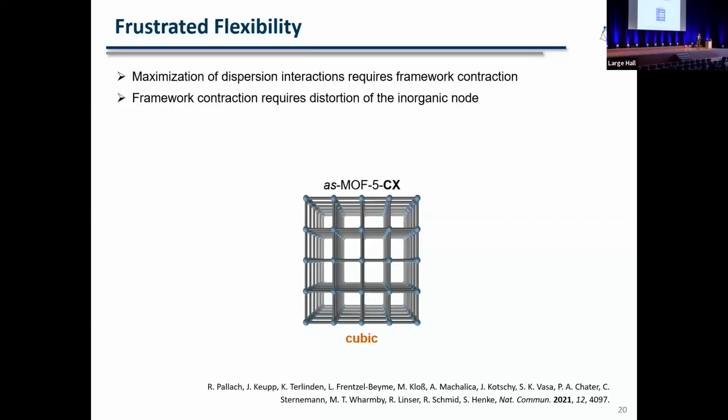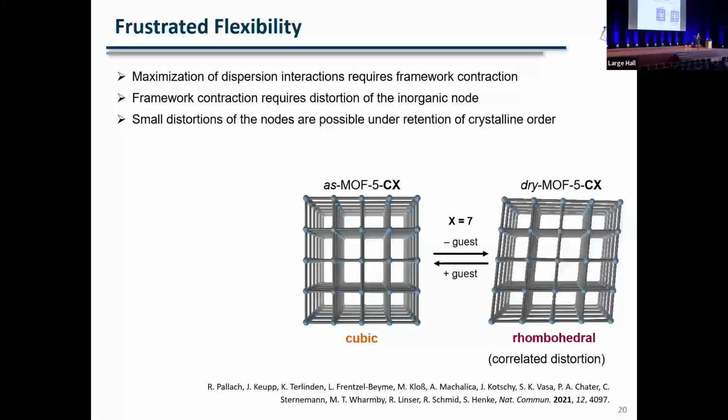There don't want to be any distortion on the cluster, and these forces compete with each other. And if we only need a small contraction of the framework in order to get enough dispersion energy out, the small contraction can be done in a crystalline manner. So then we go from the cubic to the rhombohedral phase. This is the case for the material which has a C7 side chain.